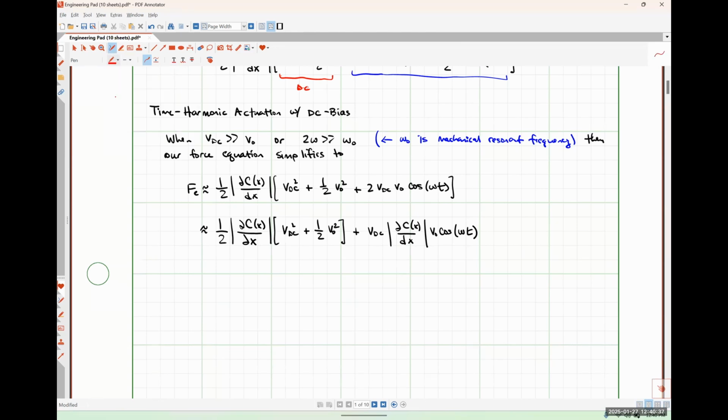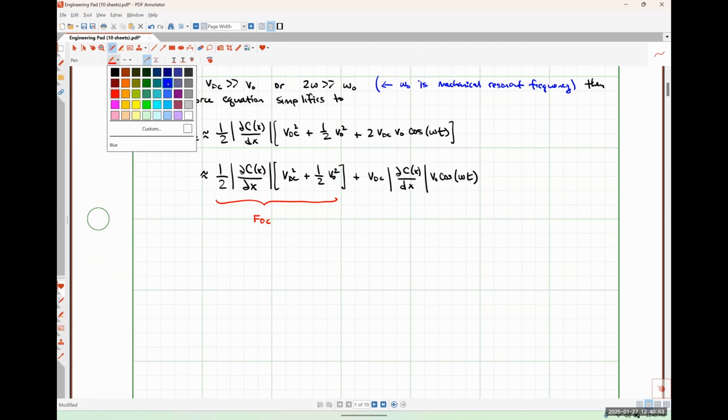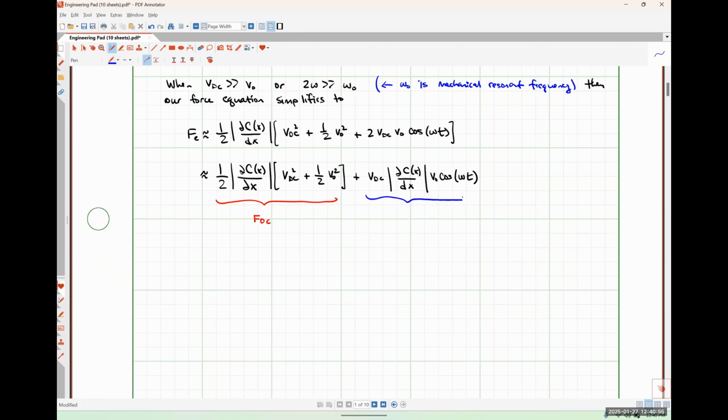So what I have is some DC force here, which once again is just setting the mechanical equilibrium operating point of our system. And then I have some AC force generated over here. This is a time varying force, and because we have simple sinusoidal excitation, it'll also be a sinusoidally oscillating force.